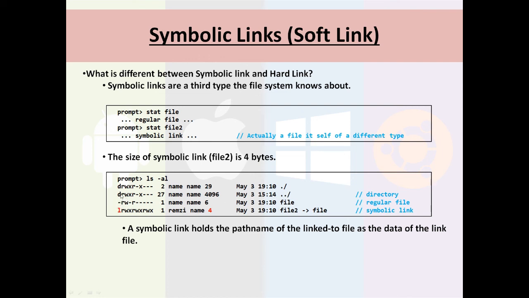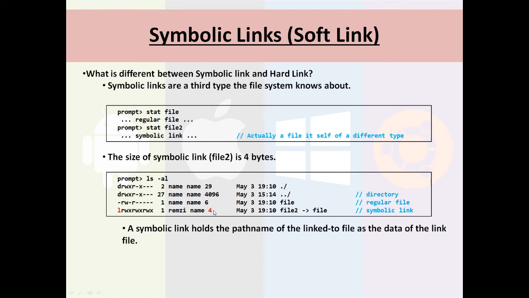The directory is d, and for file2, it's l, indicating a symbolic link. And you can also see that the symbolic link is 4 bytes in size.